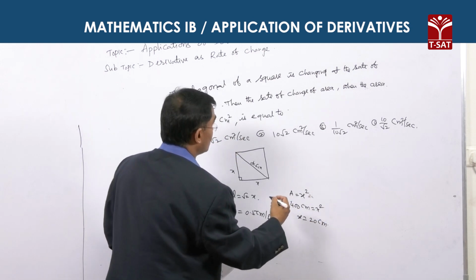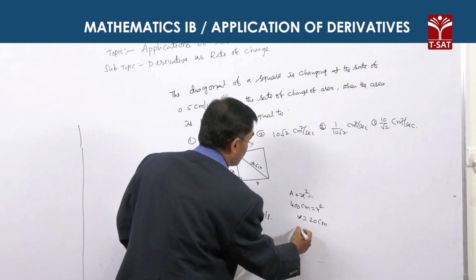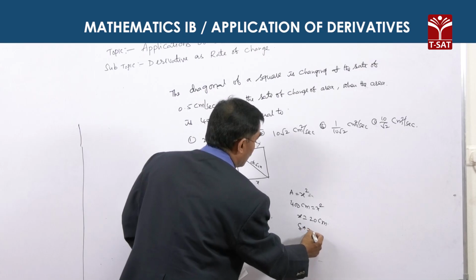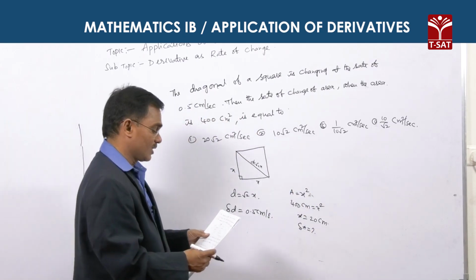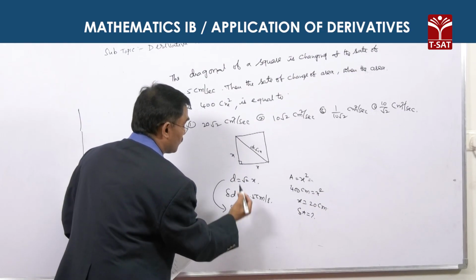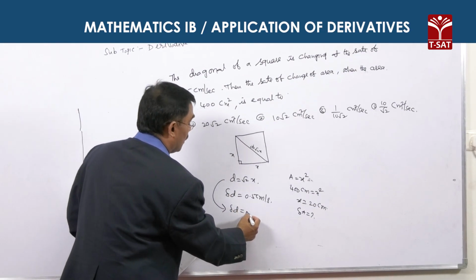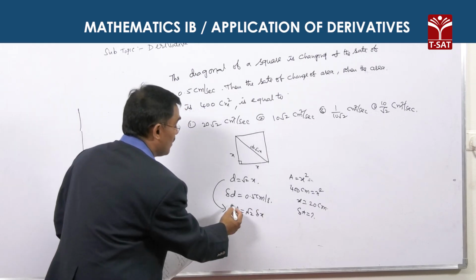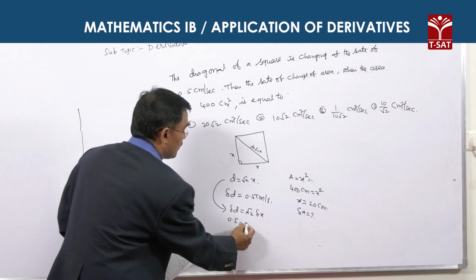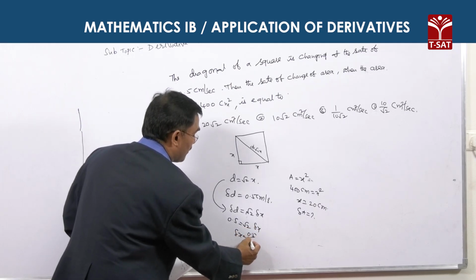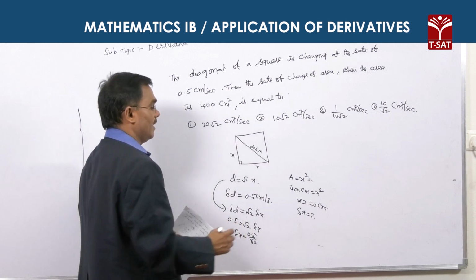Then the rate of the change in area, delta a, is to be found. From this, the rate of the change in diagonal is equal to root 2 into the rate of the change in side. So 0.5 is equal to root 2 into delta x, and delta x is equal to 0.5 by root 2.